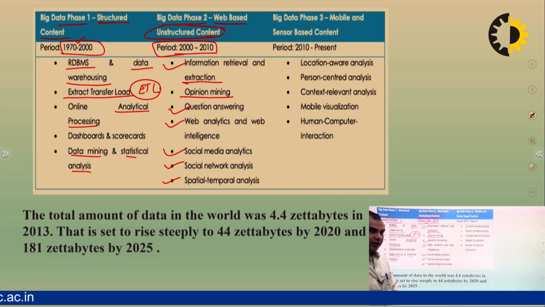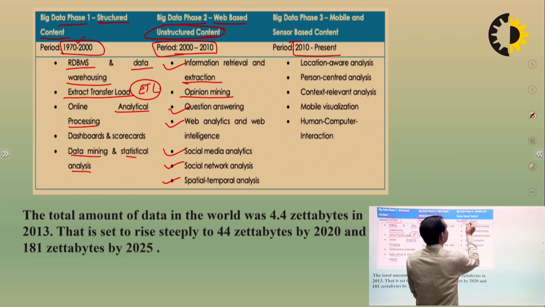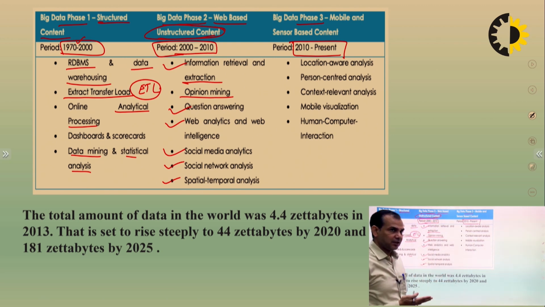But if we are talking about phase 3, after 2010 till date, we divide this into 3 parts in simple terms: phase 1, before 2000; phase 2, 2000 to 2010; and phase 3, 2010 till the present. So every day we are using mobile phones and sensor based technology, meaning every second we produce a large amount of data.